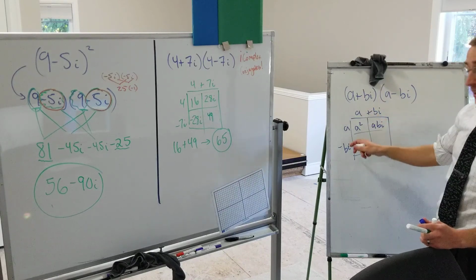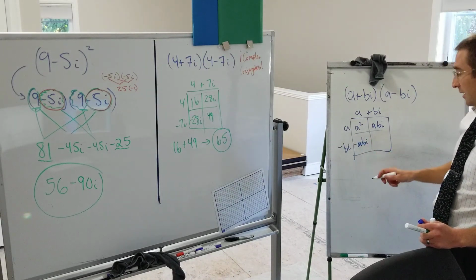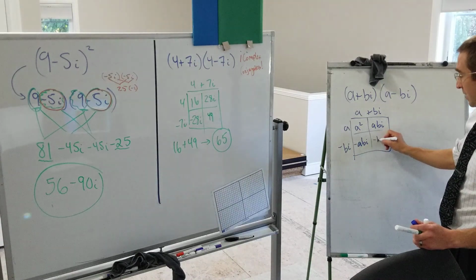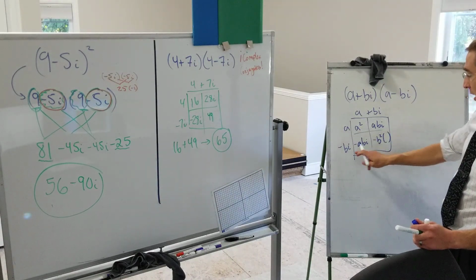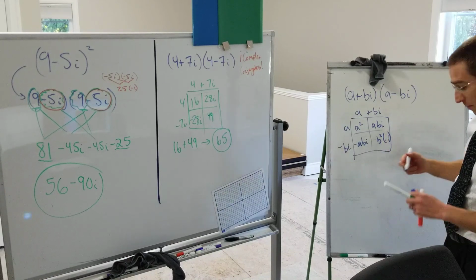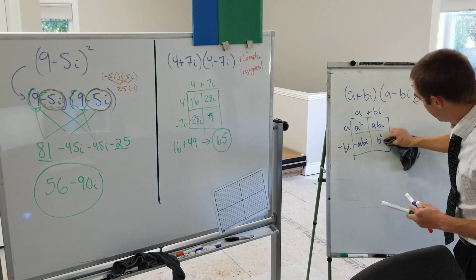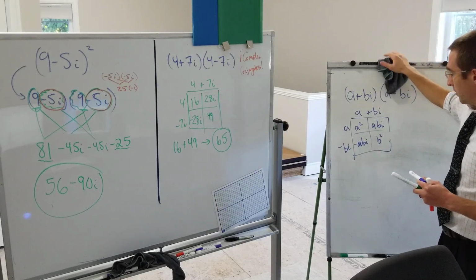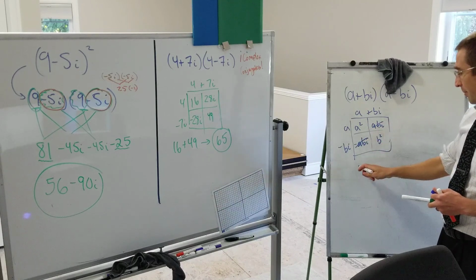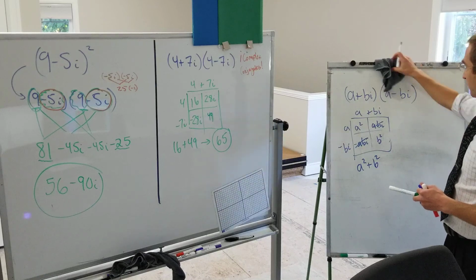And then here, a times negative bi is negative abi. And then here, I'm going to get a negative b squared i squared, and i squared is negative 1, which really is just going to be a positive b squared. So these two are going to cancel out because it's plus or minus the same number, and I get a squared plus b squared.